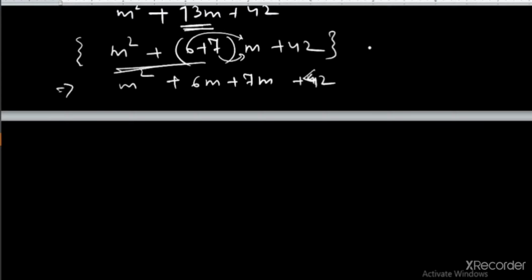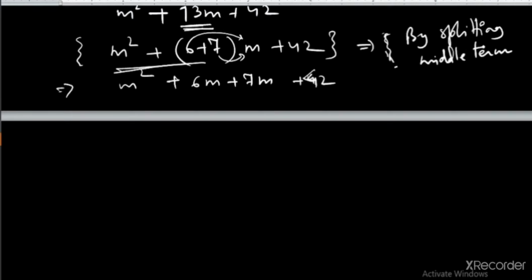So we can say that it is actually by the splitting the middle term method. This 13, this middle term, is split over here in the form of 6 plus 7. Further, we have just opened the brackets, and then what we have got? 6m plus 7m and plus 42.